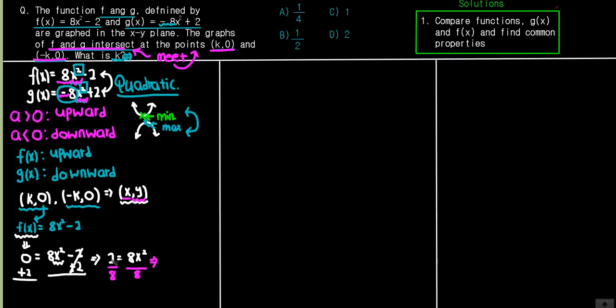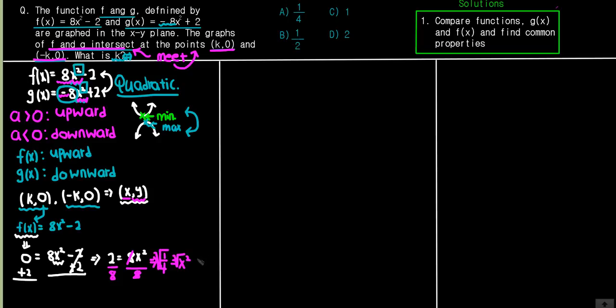We get 2 over 8, which we can simplify to 1 over 4, is equal to x squared, since 8 divided by 8 cancels out. But we are trying to find the value of x, not x squared, so all you have to do is take the square root of both sides.